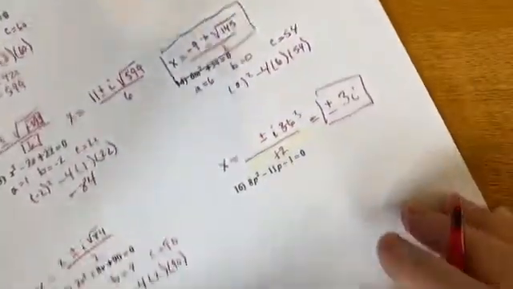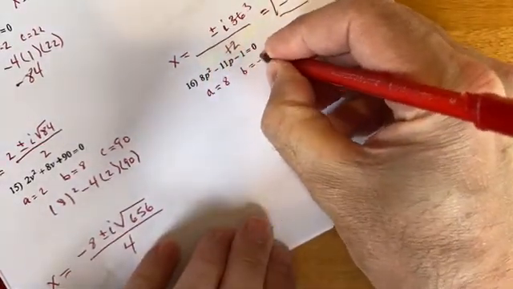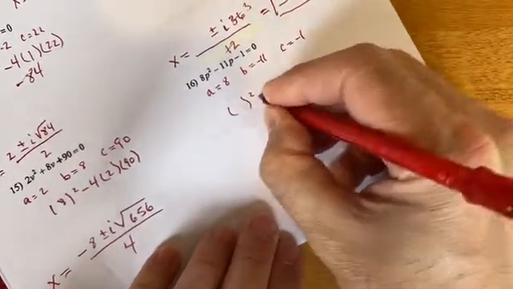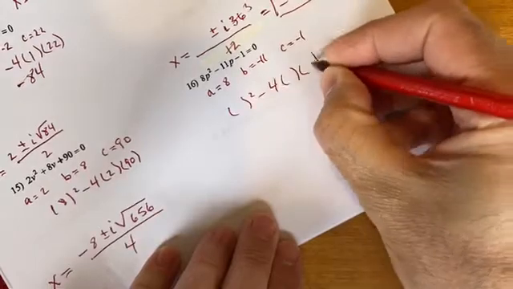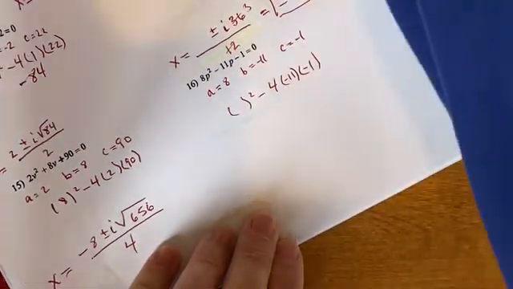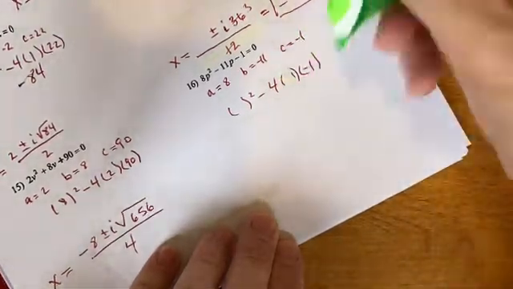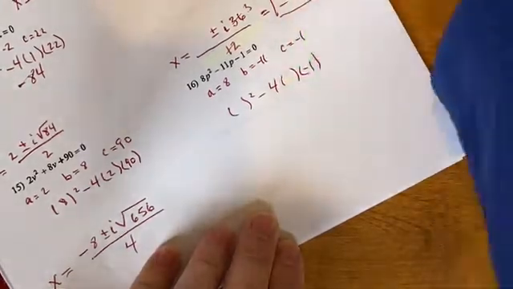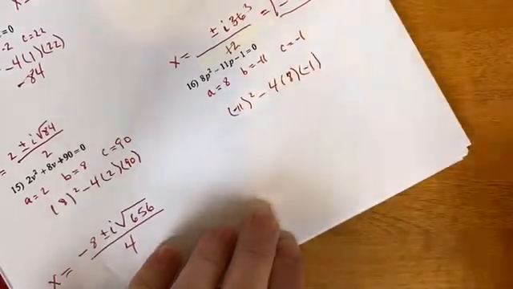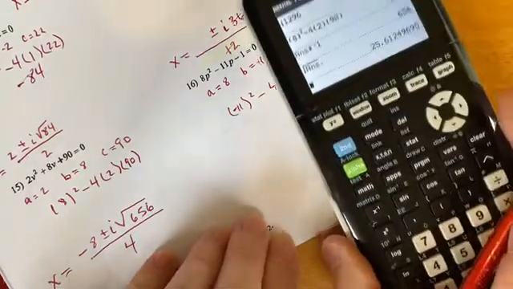Okay, let's do this last one. A is 8, B is negative 11, C is negative 1. B squared minus 4AC. Let's check and see what number that is.